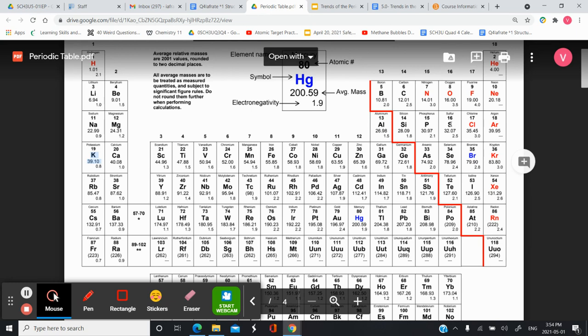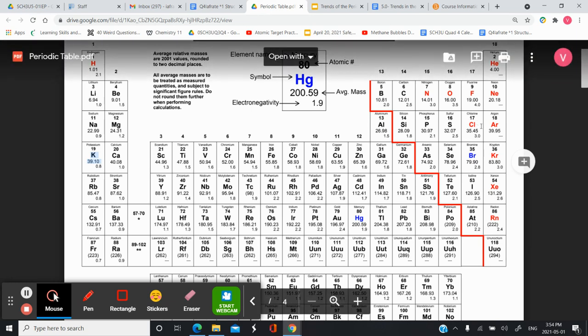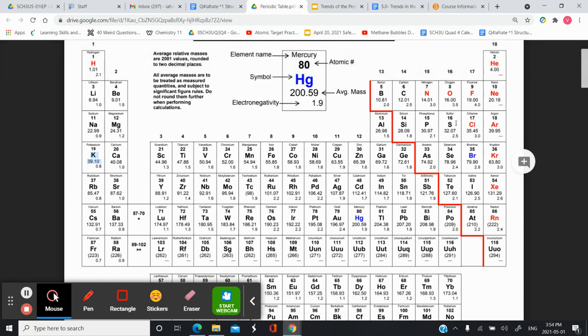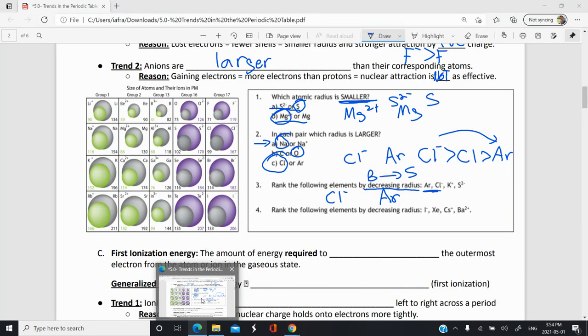The ion of sulfur should be larger than the ion of chlorine because the ion of chlorine would have more protons holding the electrons closer to itself. So the trend still works in that direction. So sulfide would be larger than chloride because it's to the left of the chloride ion. So I would go ahead and put the S2- over here.